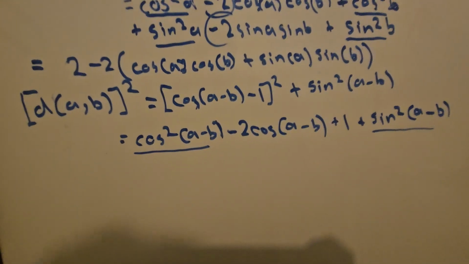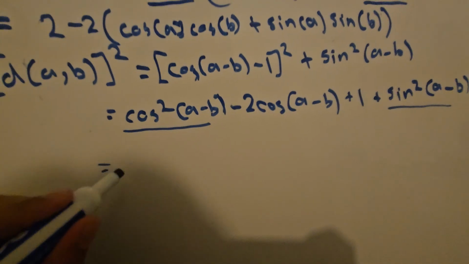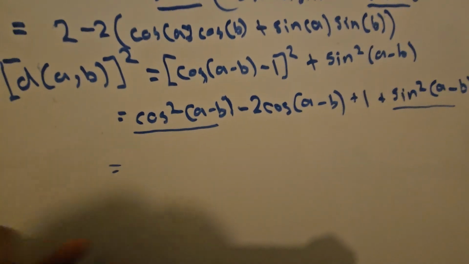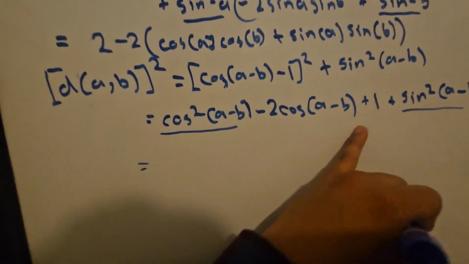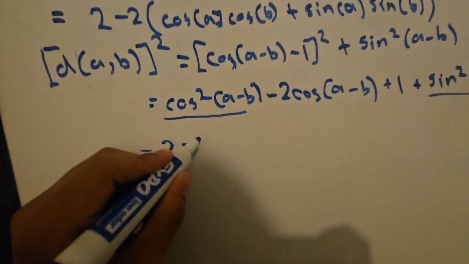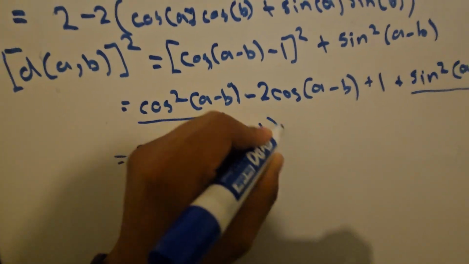Pythagorean identities, what does it equal? It equals 1. But wait, we have a plus 1 here. Let's just add the 1 to the 1 that this equals. So it's going to give us 2 minus 2 cosine A minus B.